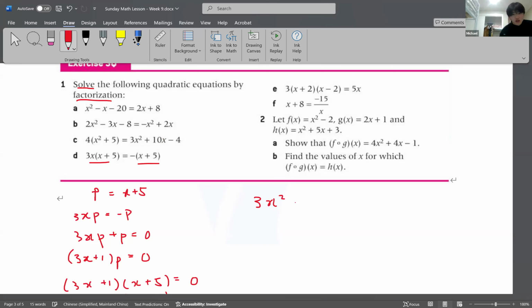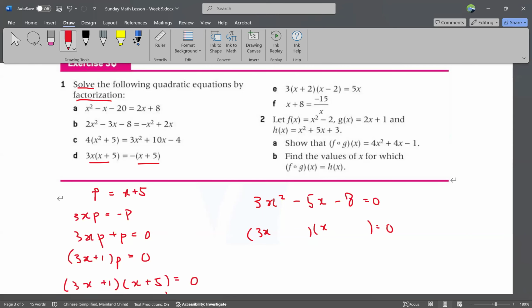All right, Hannah, how did you factorize that? I just took the factors of 8 and I got 2 and 4 or 1 and 8. I'm just writing it out for you.